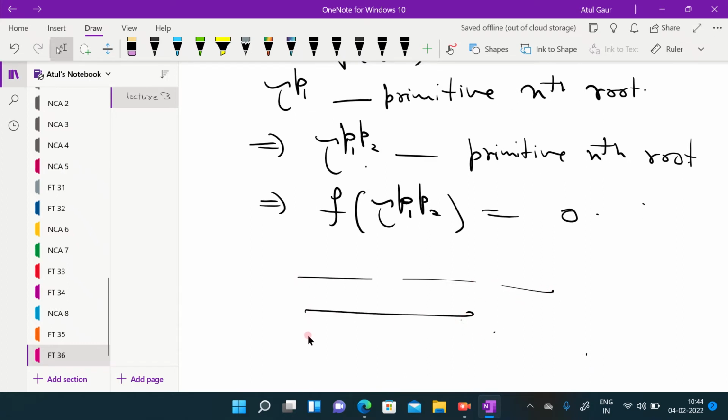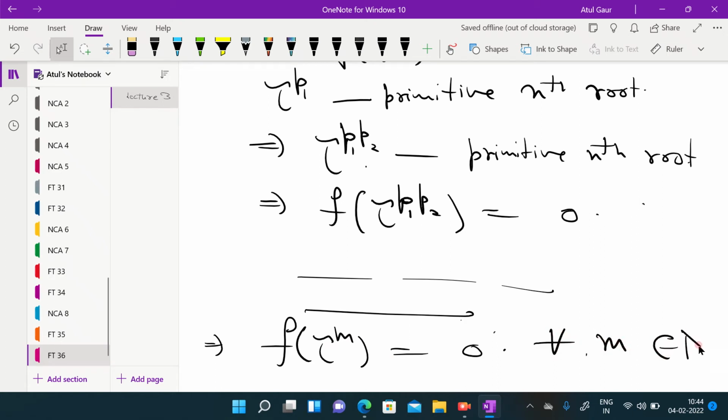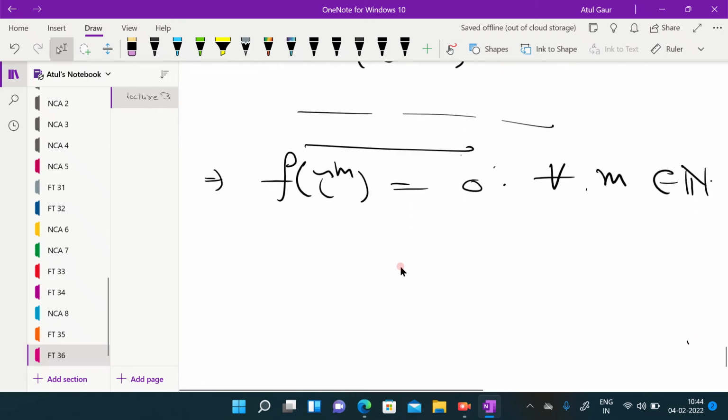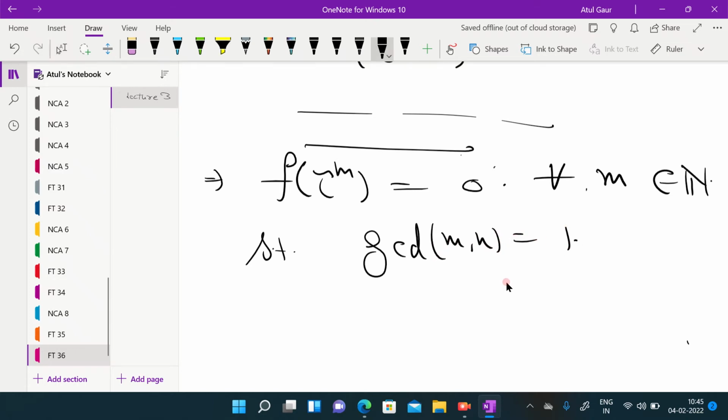So eventually you will get f tau^m is 0. This is for every m with GCD of m and n equal to 1, that is, relatively prime. Is that fine? Yes, sir. So that simply means every primitive nth root of unity will be a root of f x.